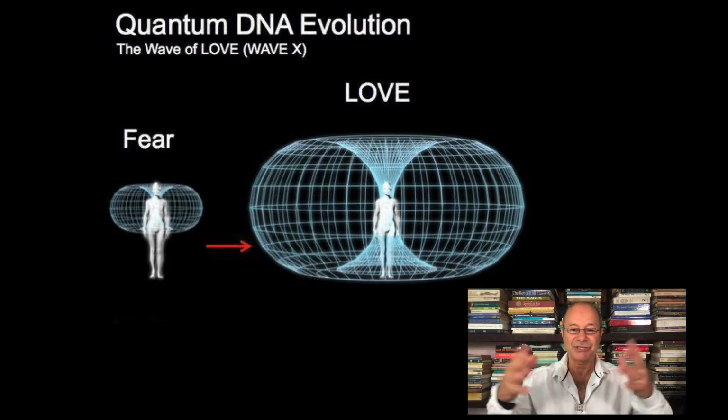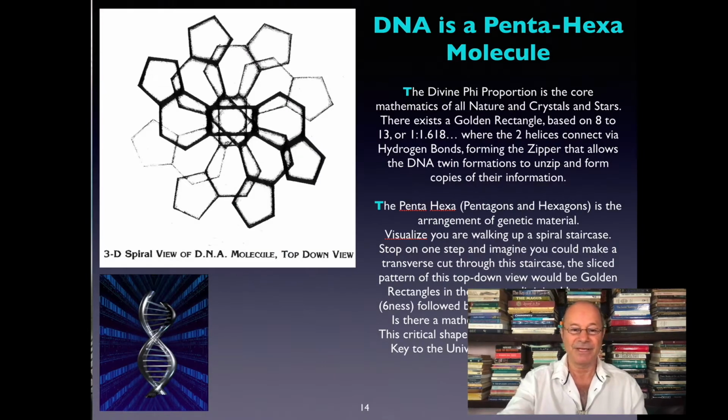And when we're talking about astral health, everything in life really comes back to fear or love. And these elements of fear and love influence the crystals in our body to resonate in a certain way. So fear is contraction and love is expansion. This is the DNA model that's very famous. You've got the pentagons joining to the hexagons.